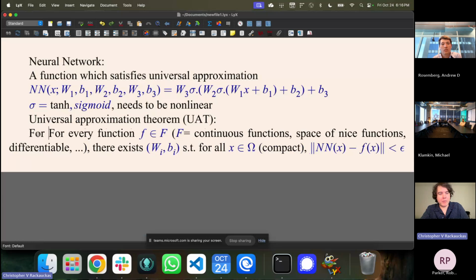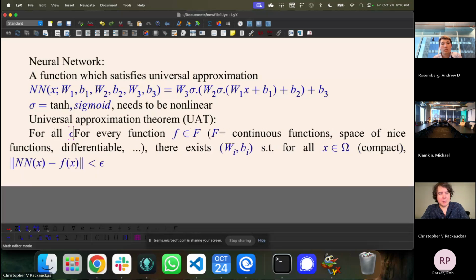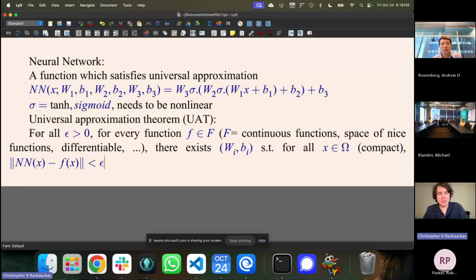For all epsilon greater than 0, for every function.